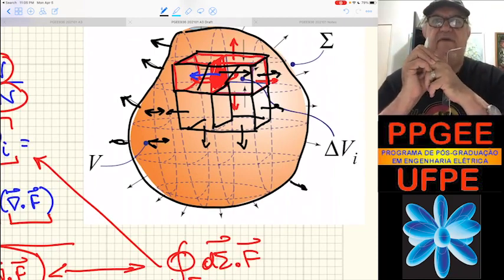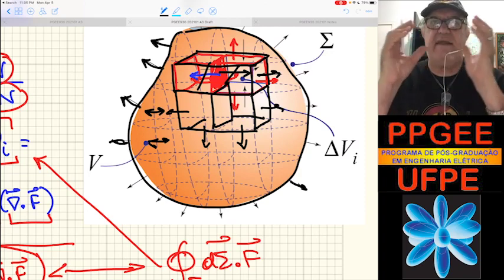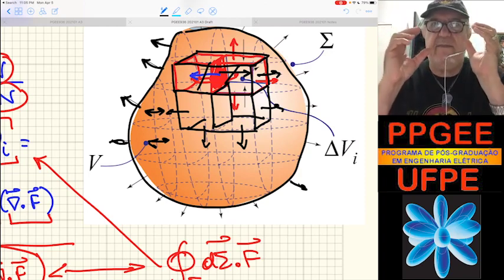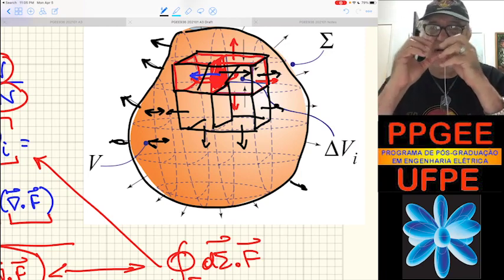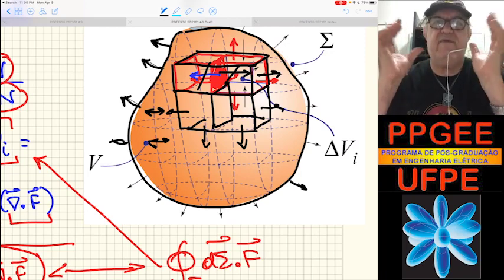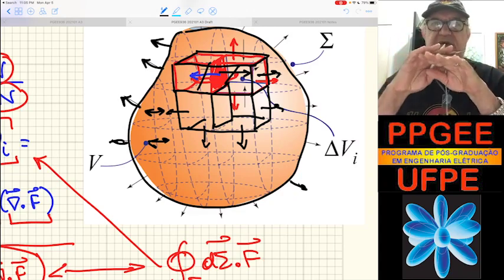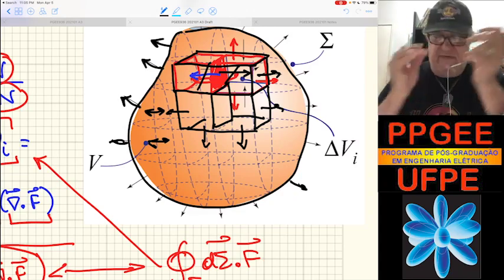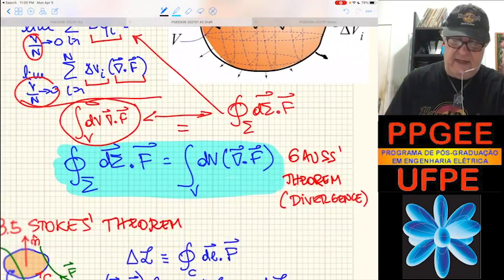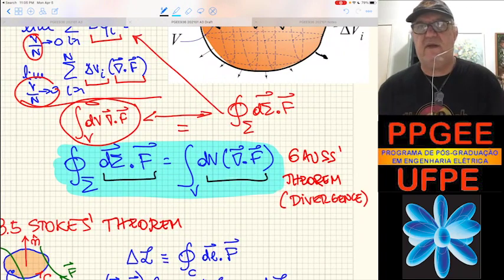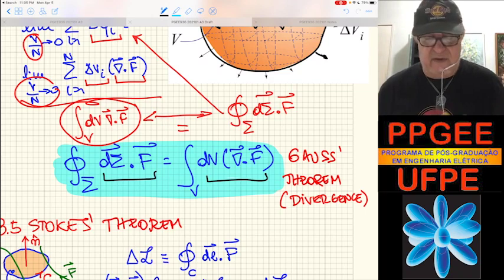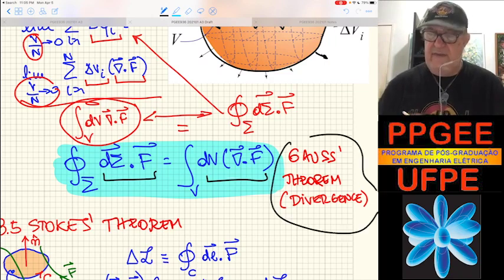So that's what we have as we generalize the definition of the divergence on a differential volume. If you sum this contribution, the divergence, which is the integral over the volume, equals the flux outwards from the volume, through the boundary surface. This essentially is Gauss's theorem.